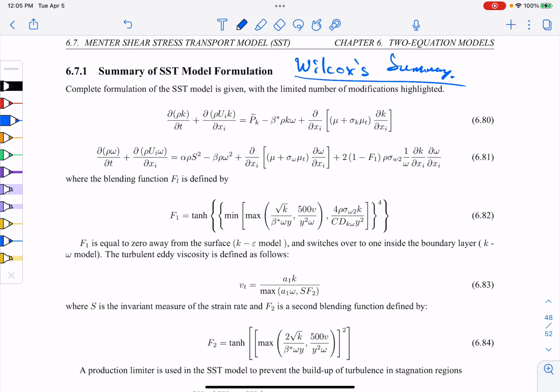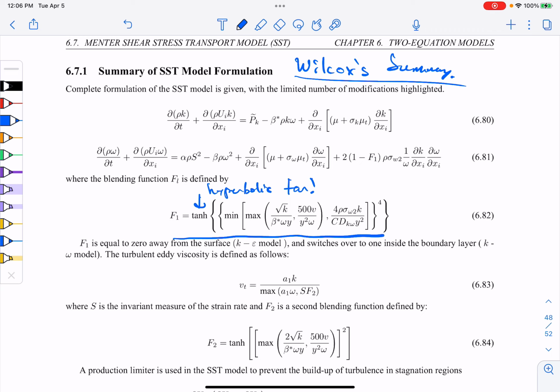So you see, here's this final blended function F1, and you can see it varies as a hyperbolic tangent. So that's a function that should be fairly smooth, right? So it varies from, I think, -1 to 1, an odd function about the y-axis.